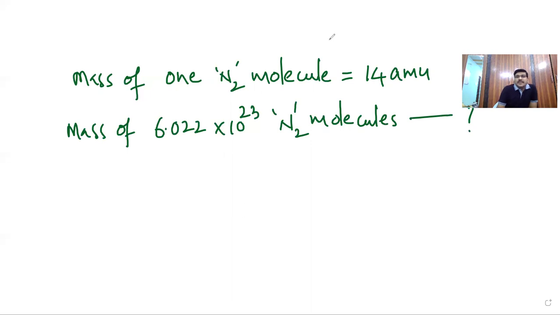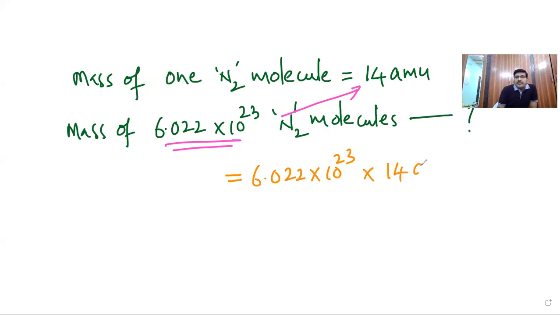Just simply cross multiply. As many quantities, mass is just cross multiply. Then it becomes 6.022 into 10 to the power of 23 into 28 AMU.